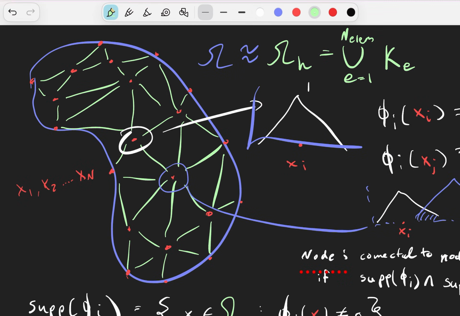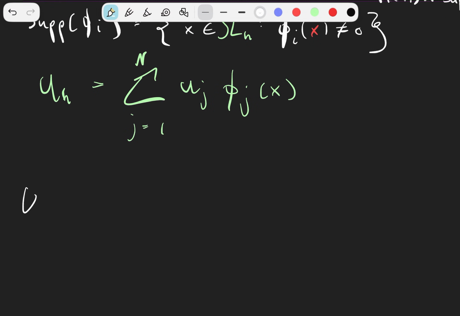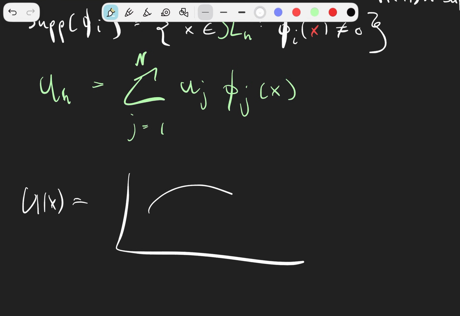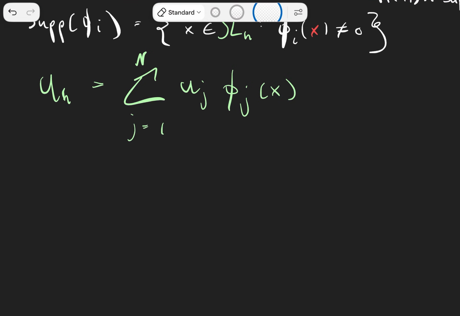chopped up the domain. And our goal really now, it's no longer to find some function, the goal is no longer to find some function U of x, right? That'll just be a smooth function that we're used to getting when we solve physics equations classically.